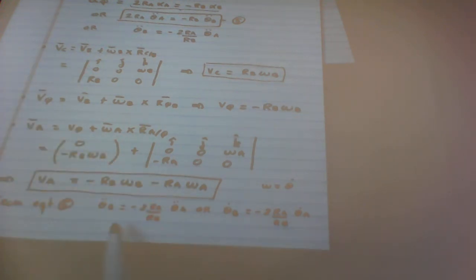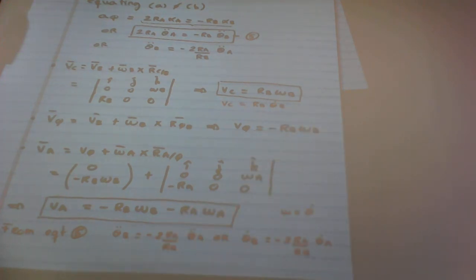So if we substitute these relations into this one, let me say one thing here. This would be BC equal R sub B theta dot B. Okay, so that will give us what?